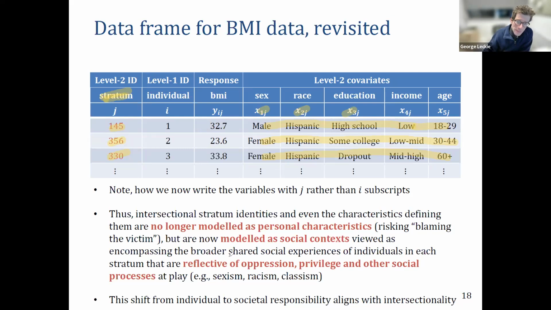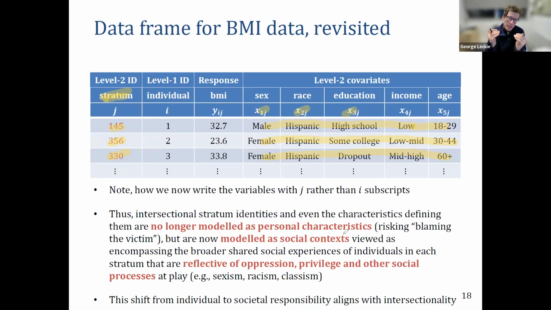So this links nicely back to intersectionality, where there's an encouragement not to view these identities, these gender and ethnic identities, as personal, private characteristics. Why? Because there are so many broader social issues around them, not just sexism, racism, classism, but privilege and power and advantage and disadvantage more generally, that these are societal concerns.